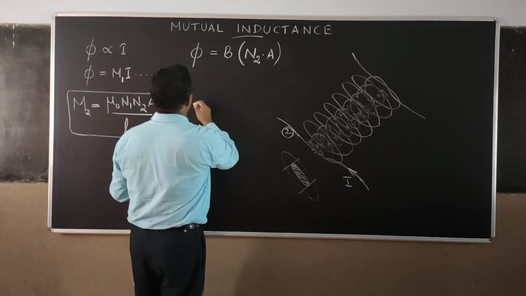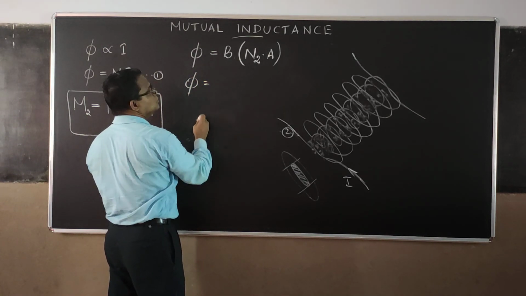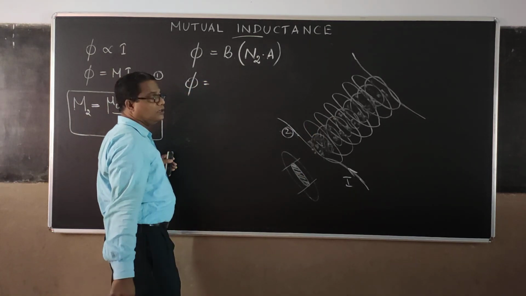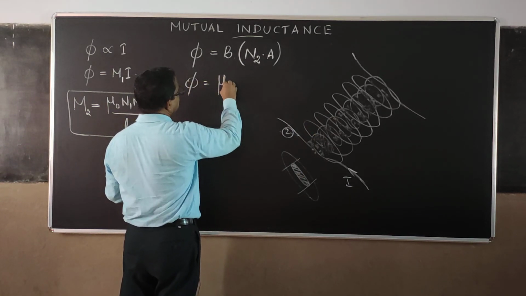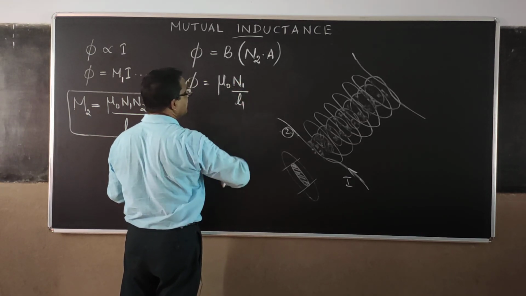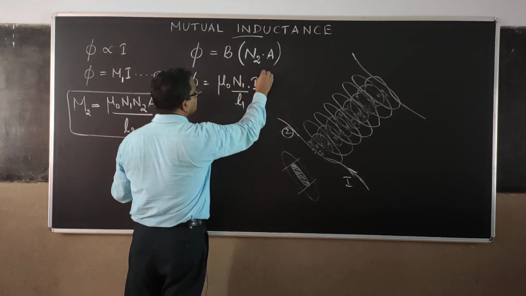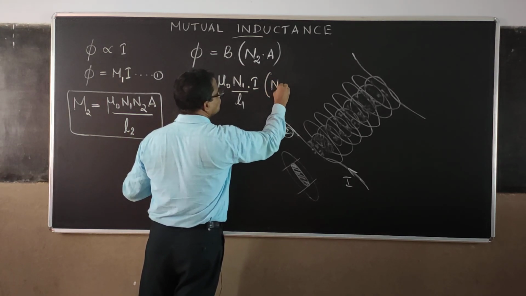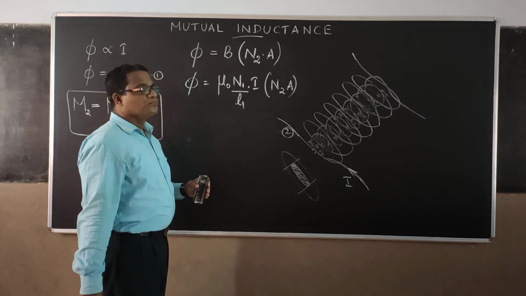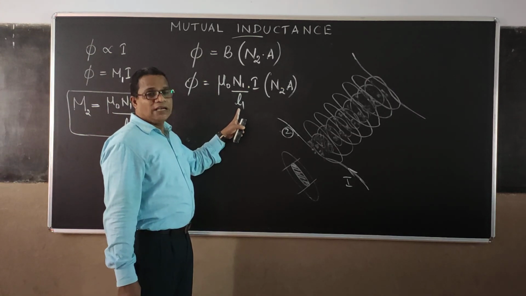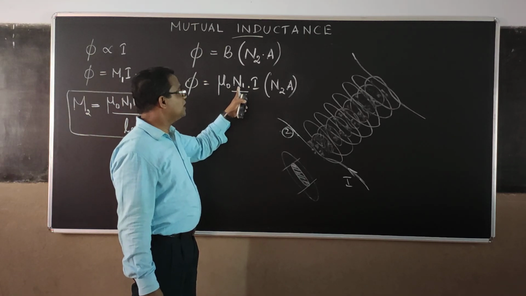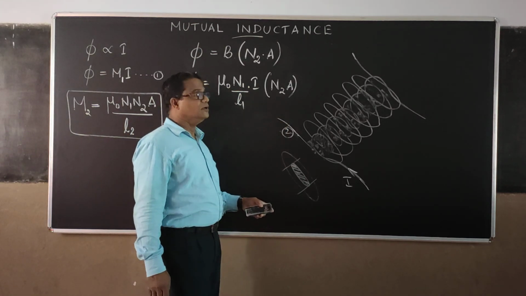Then flux phi is equal to B, the magnetic field inside the inner coil, which is mu 0 N1 by L1 into I, into N2 into A, where L1 is the length of the inner coil and N1 is the number of turns of the inner coil.